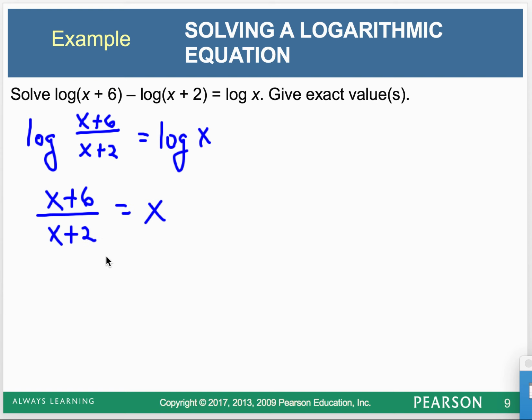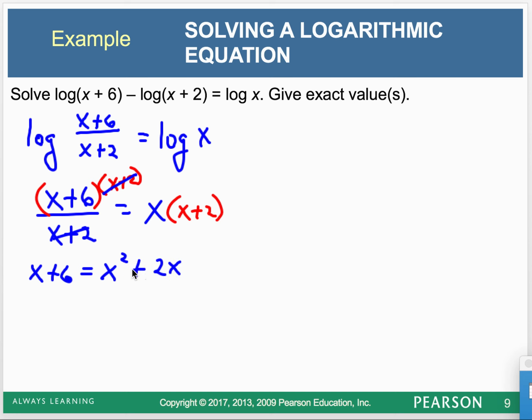And there's an equation without any logarithms in it. So we can solve it. Let's multiply both sides by x plus 2. So that'll cancel, and we have x plus 6 equals x squared plus 2x.